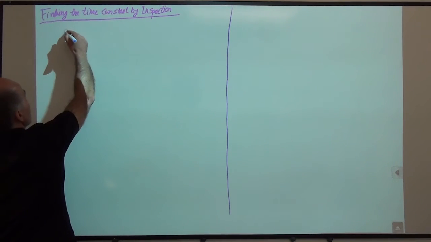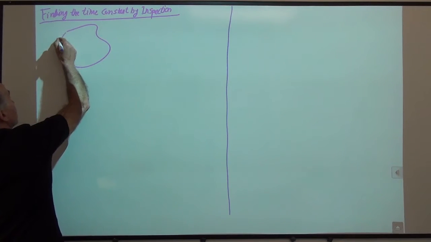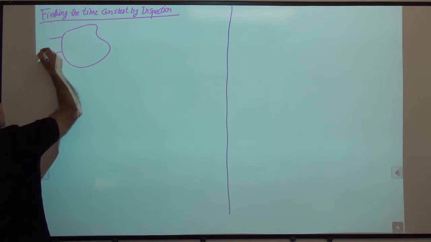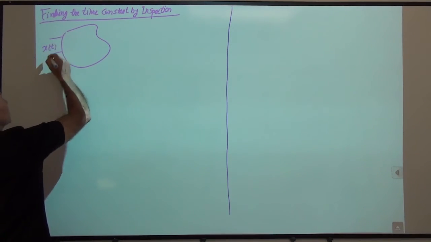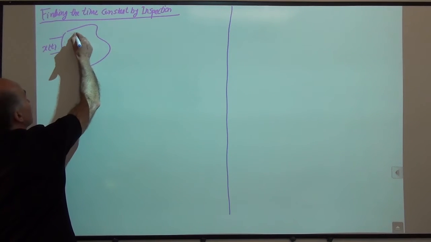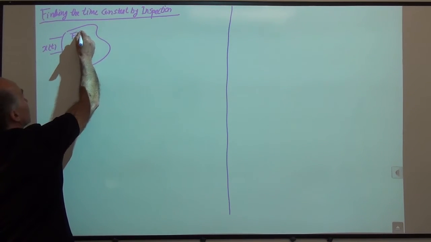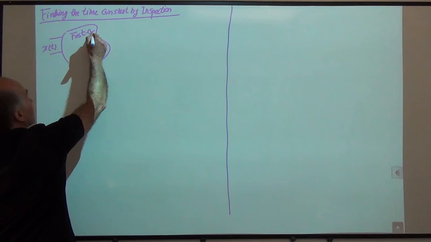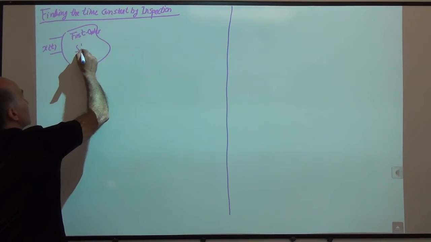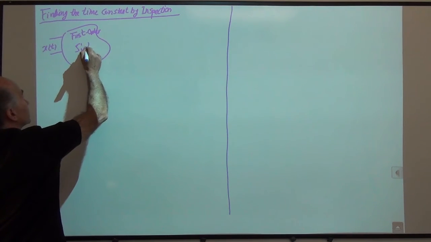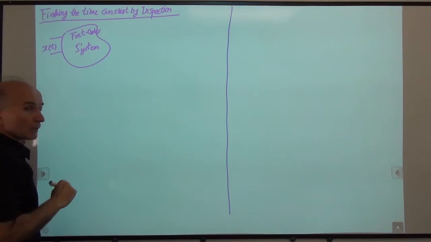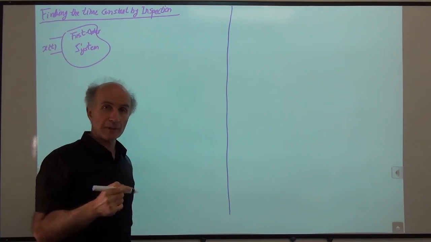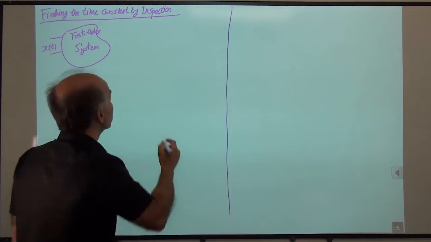All right, so here's a first order system. There's some sort of input, x of t, and this is a first order system or circuit, right? To find the time constant, we follow these steps.